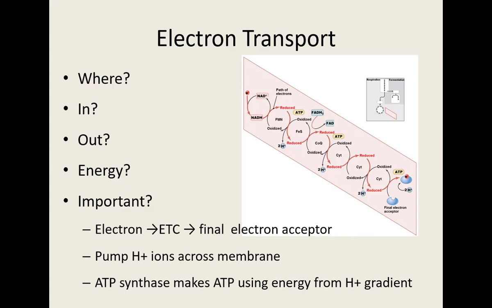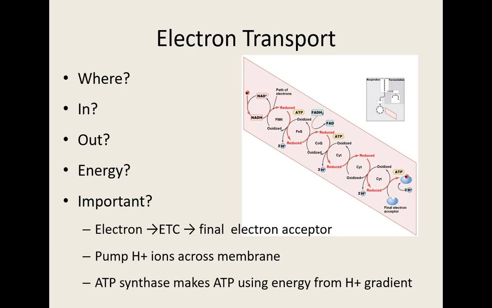So where it took place, I already went over. In a prokaryotic cell, outer cell membrane. Eukaryotic cell, the inner membrane of the mitochondria. For what goes in? Well, it's the electron transport chain, and so it's all of our electron carriers. So you almost have to go back on your table and add up the electron carriers that we've generated.